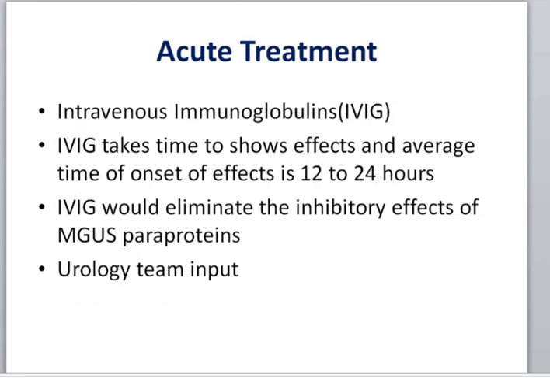So for that purpose, to inhibit the effect of these immunoglobulins in the system, you can give the patient IVIG. IVIG takes its effect in 12 to 24 hours. So for 12 to 24 hours, you have to manage the patient supportively by blood transfusion and by giving him frequent Voncento or factor concentrate.